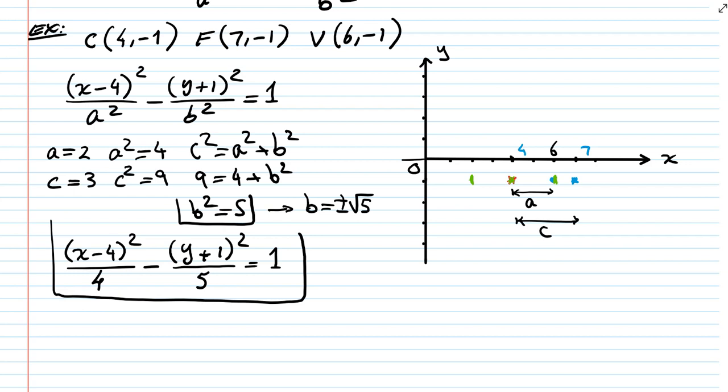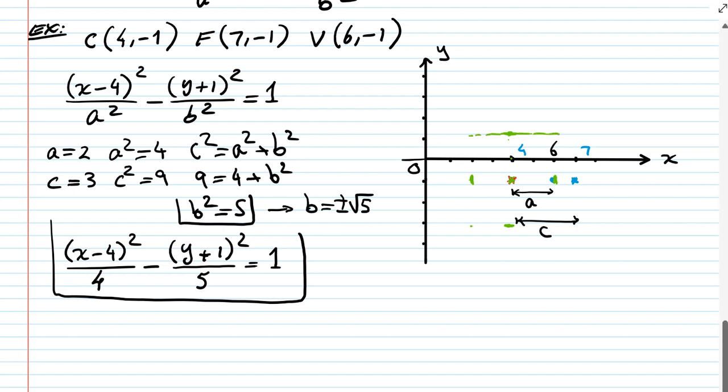So I'm going to go up and down 2.2 units from the center. 2.2 is roughly about here, and 2.2 below is right here. Okay, perfect.